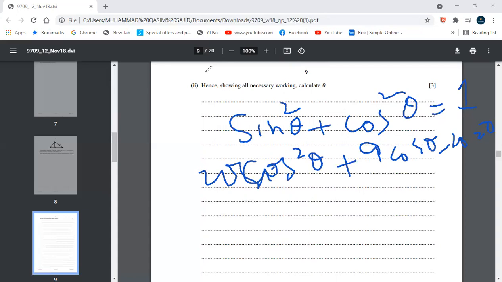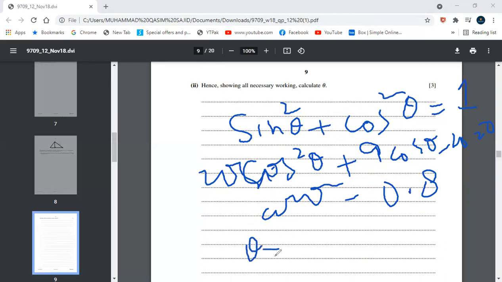Yes, minus 20. So after simplification, cos theta equals 0.8.